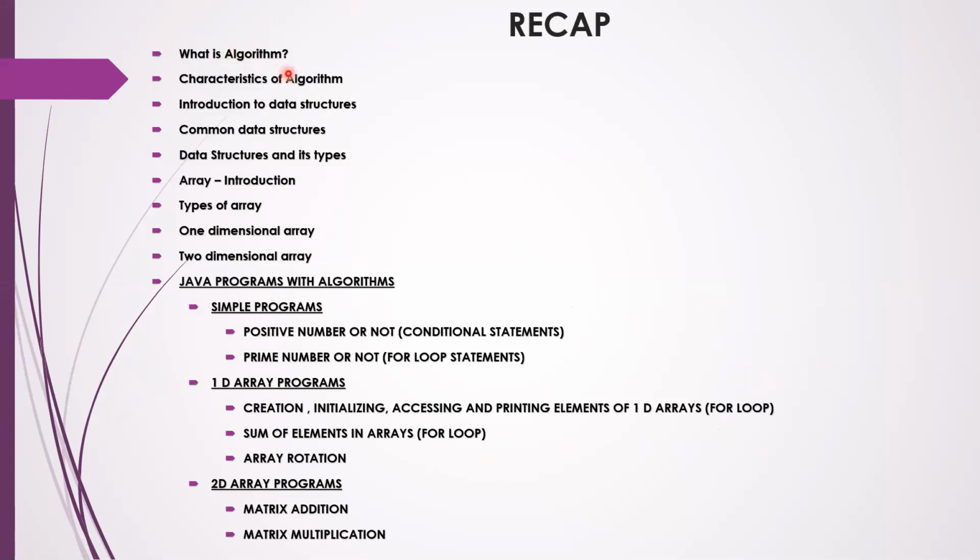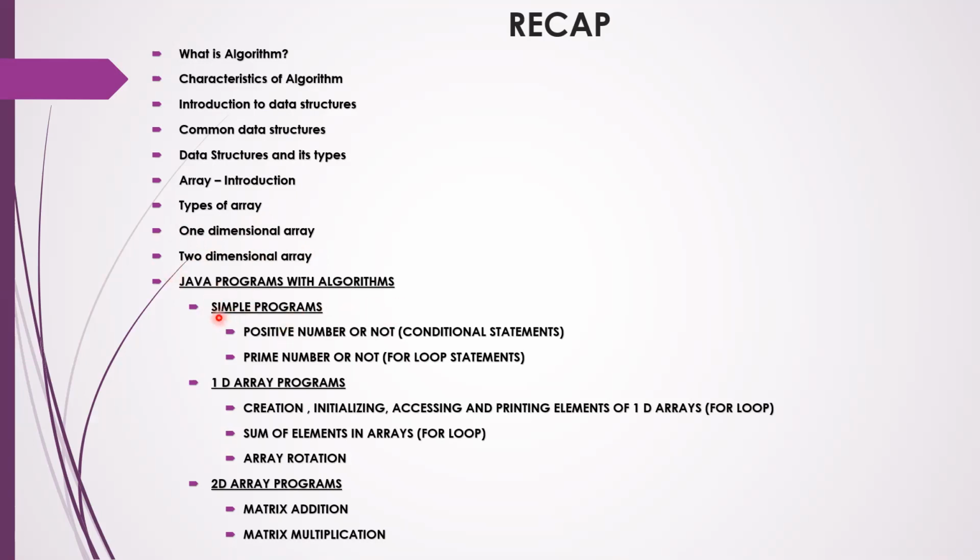We saw what an algorithm is, its characteristics, and the introduction to data structures, common data structures and their types, arrays, types of arrays, one-dimensional and two-dimensional arrays, and Java programs with algorithms.